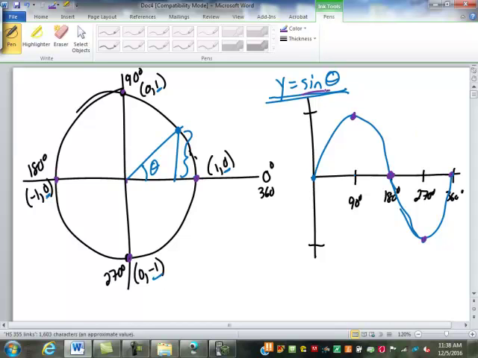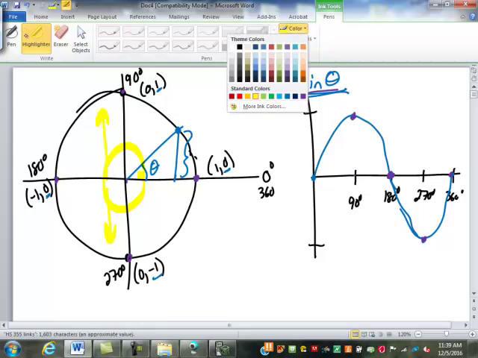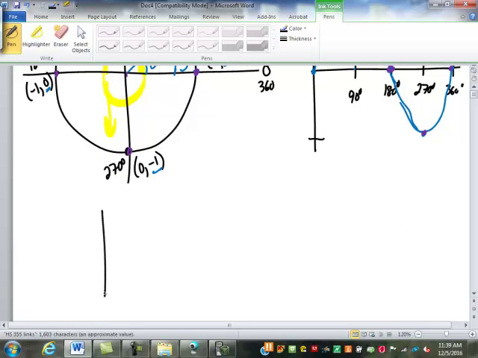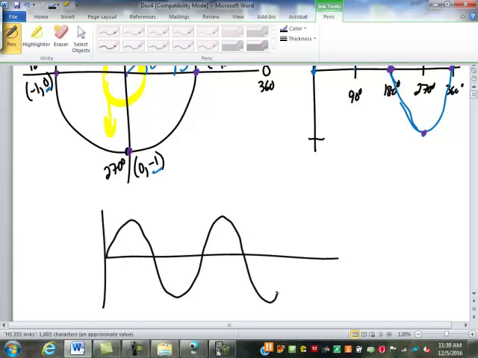So the sine is graphing the height above or below the x-axis. And you can see as that angle keeps wrapping around, it's just going to go through this cycle over and over again. If I were to take a long-term view of that, it just repeats that cycle.